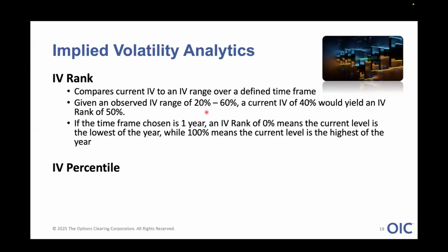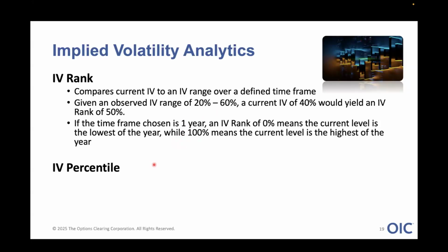It's at the 50th percentile of its range. If the time frame chosen is 1 year and the IV rank is 0%, that means the current level of volatility is the cheapest it's been all year. And an IV rank of 100% would mean the current level is the highest of the year.